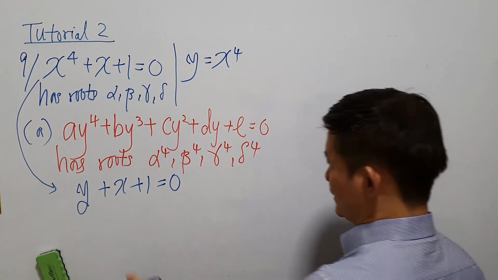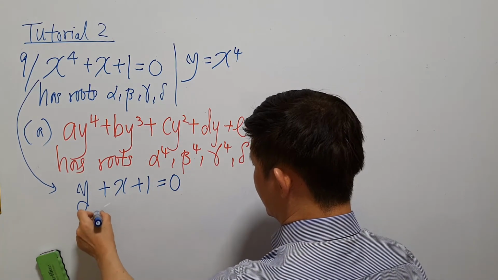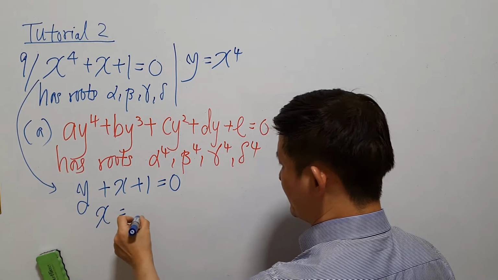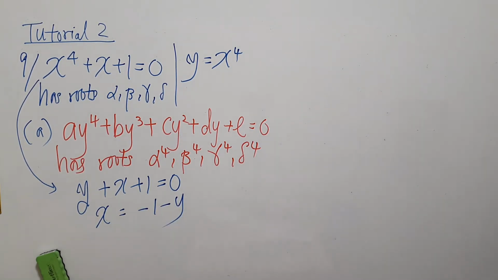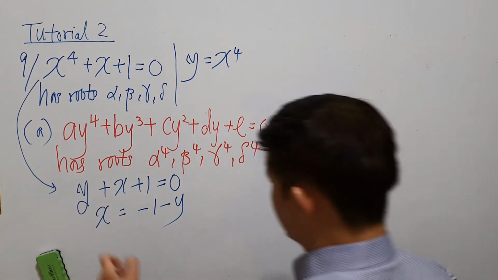Then what you do from here is, you can say that x is equals to minus 1 minus y. And what you do next from here is, you raise the power 4 on both sides, okay?